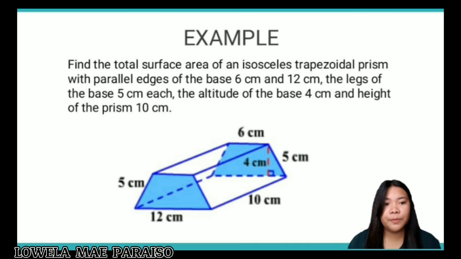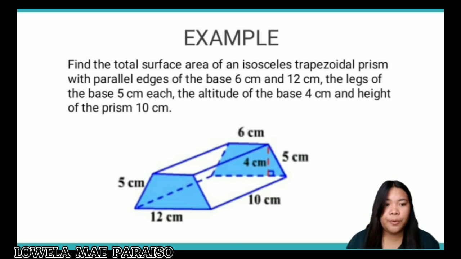And for example, find the total surface area of an isosceles trapezoidal prism whose parallel edges of the base are 6 cm and 12 cm. The legs of the base are 5 cm each. The altitude of the base is 4 cm and the height of the prism is 10 cm.